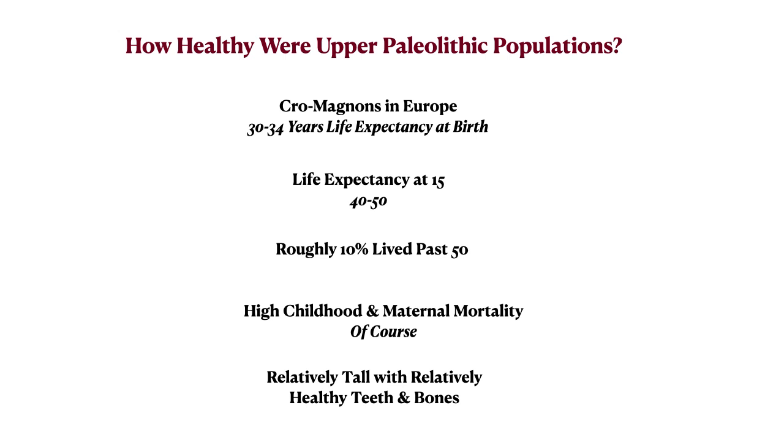Maybe 10% lived past the age of 50, and we tell this from bones that are found. Like I say, of course, high childhood and maternal mortality. But these skeletons were relatively tall, and they had relatively good teeth and bones. So fairly well nourished, but a rough life nonetheless.